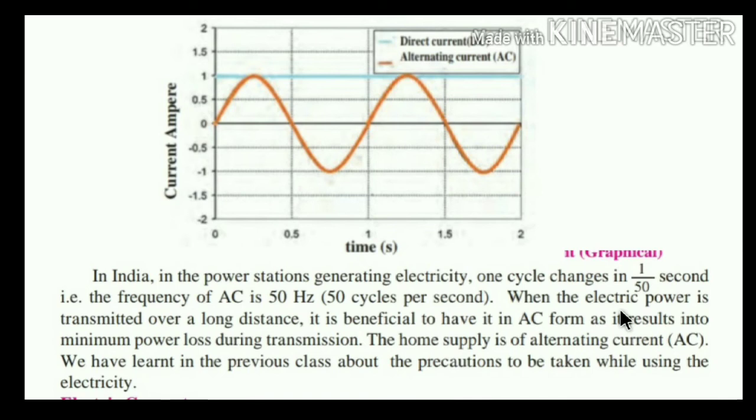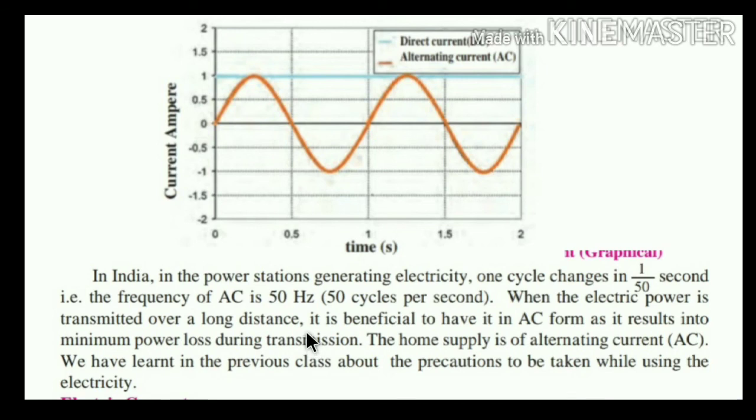When electric power is transmitted over a long distance, since the power stations are far from our home, it is beneficial to have it in AC form. AC current results in minimum power loss during transmission.